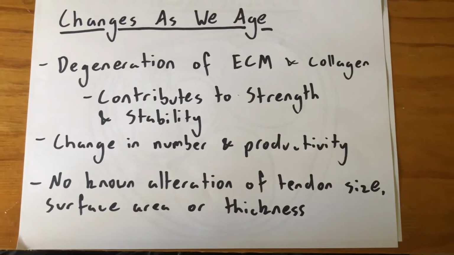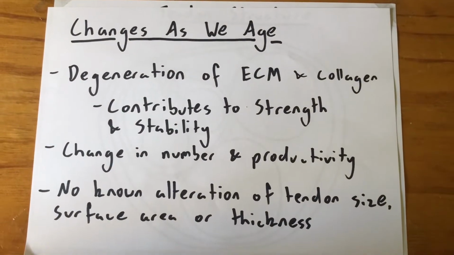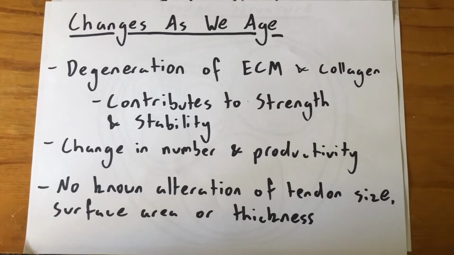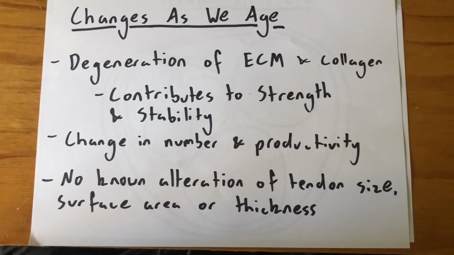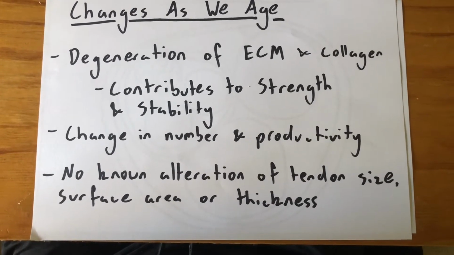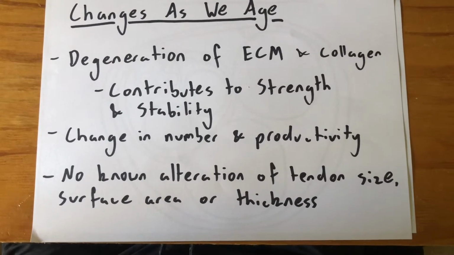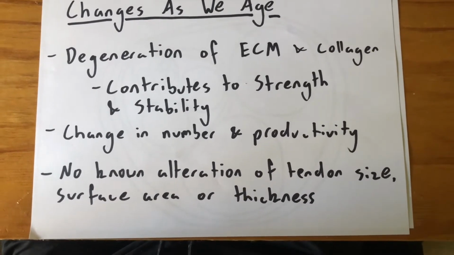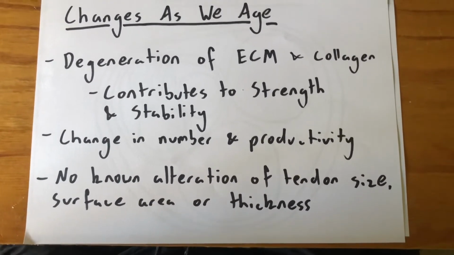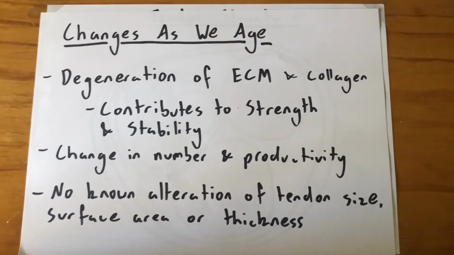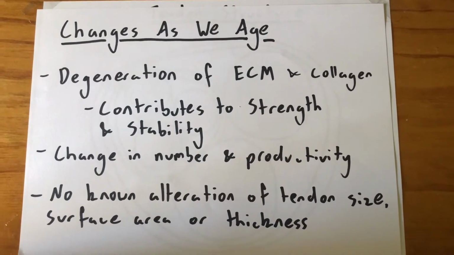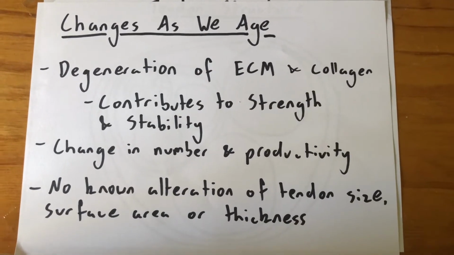These collagen fibres and the rest of the extracellular matrix contribute to the strength and the stability of the tendon. It is noted that there is a change in the number and also the productivity of these components of the tendon. In saying this, however, there is no known alteration of a tendon's size, surface area, or thickness as we age.